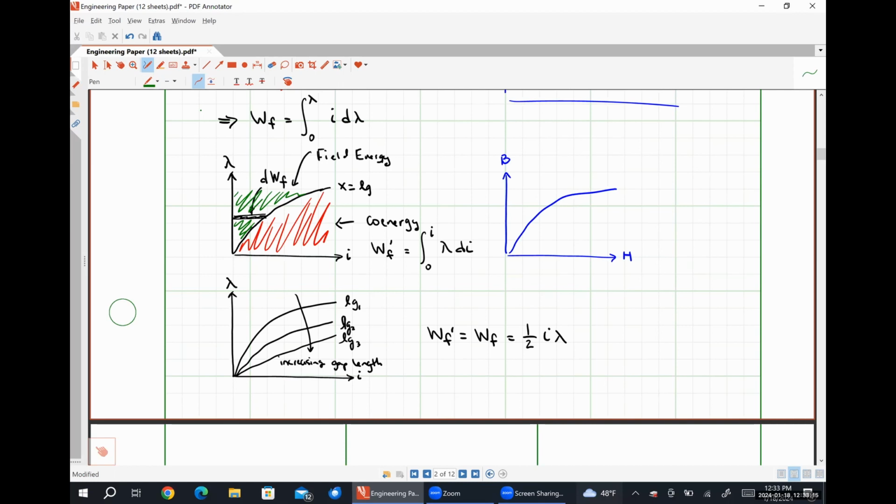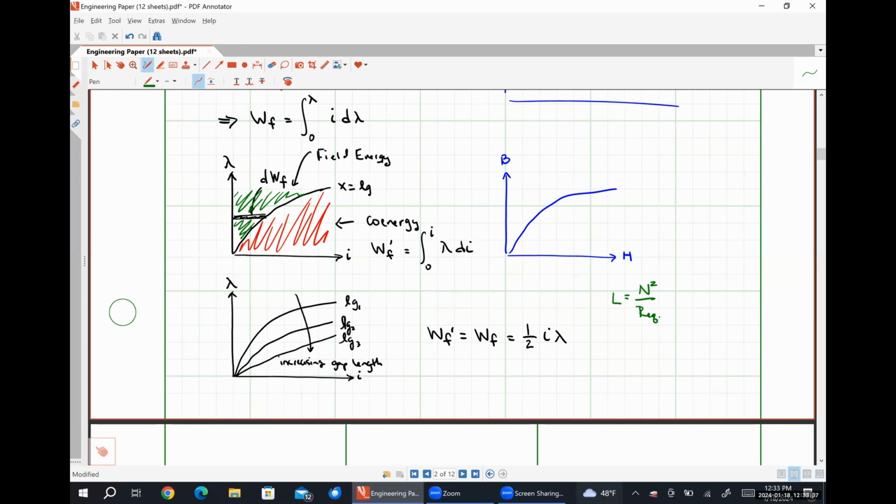So let me think about things really quickly here. Inductance is the number of turns divided by the equivalent reluctance of something, right?